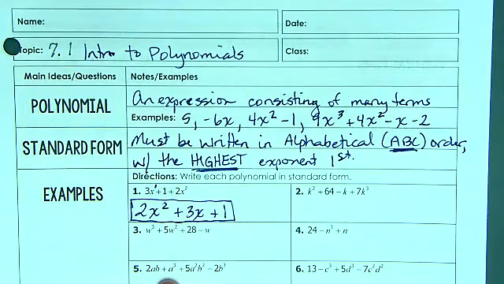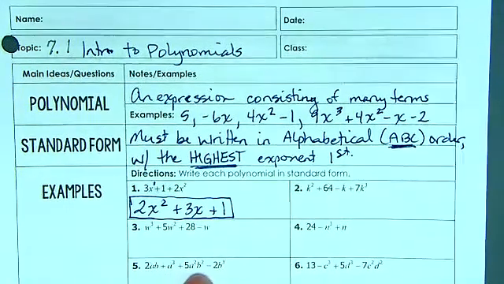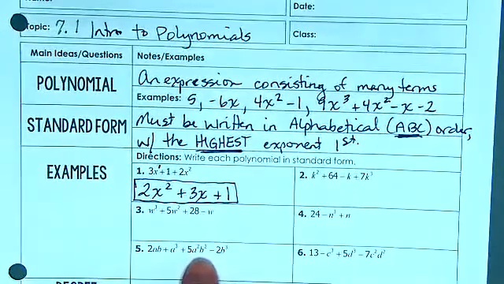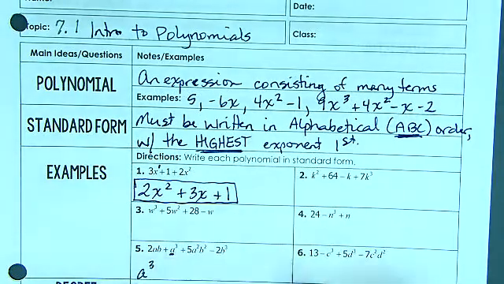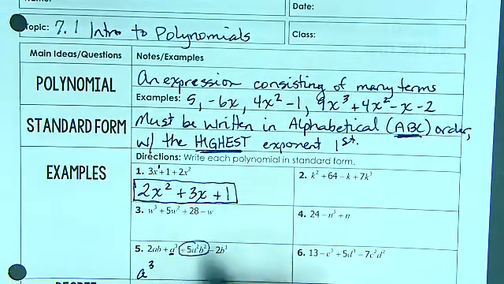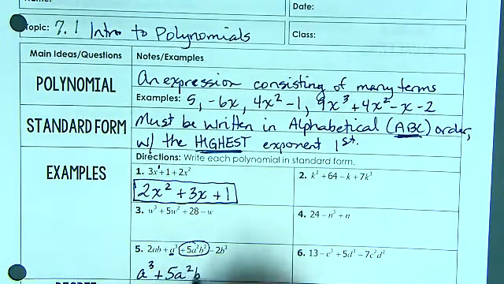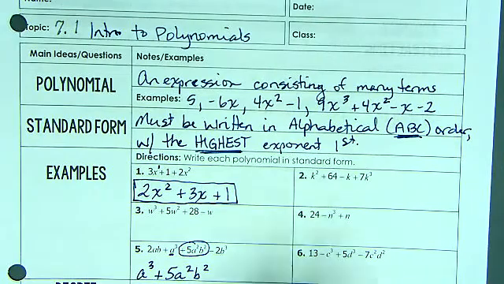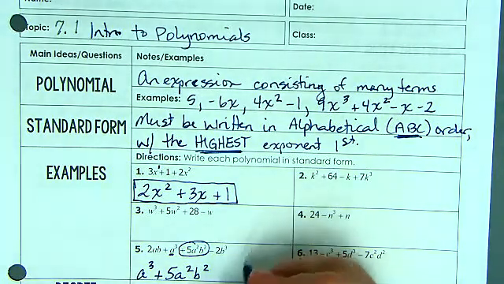Okay, jumping down, we're going to look at number 5. Remember, it's ABC order, so therefore A obviously comes first. So I have to put the highest A exponent first, which is A to the third. Then I'm looking for my next highest A exponent, which is this term here, so plus 5A squared B squared, because A squared is next. I'm not looking at the B's at all right now, I'm only looking at A's because that comes first.